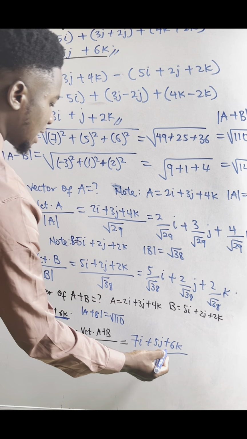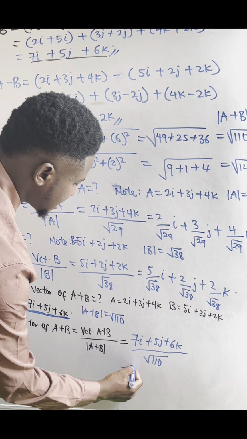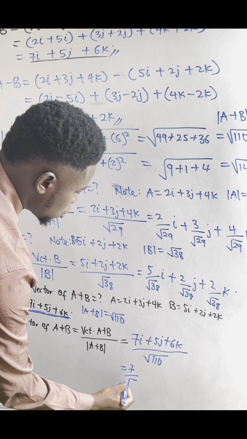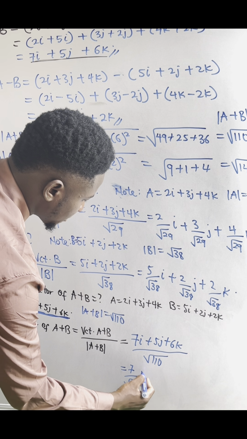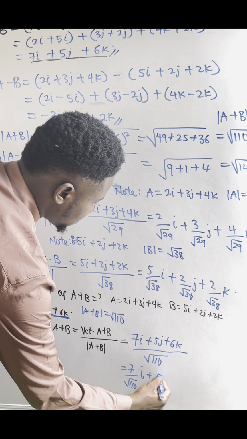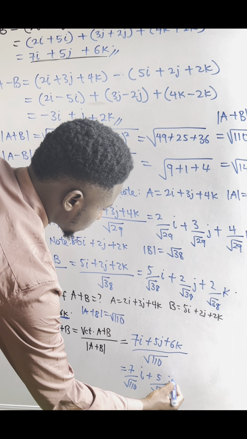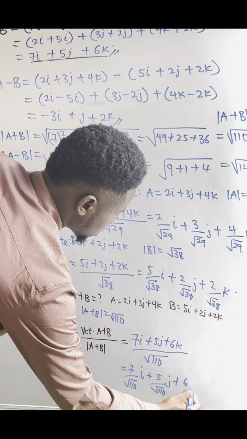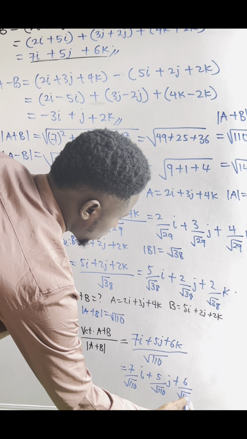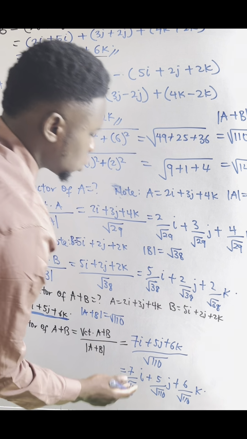Then the final answer can be written as 7 over root 110 i plus 5 over root 110 j plus 6 over root 110 k. So this is the final answer.